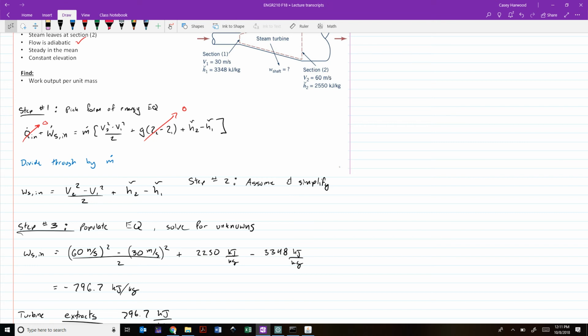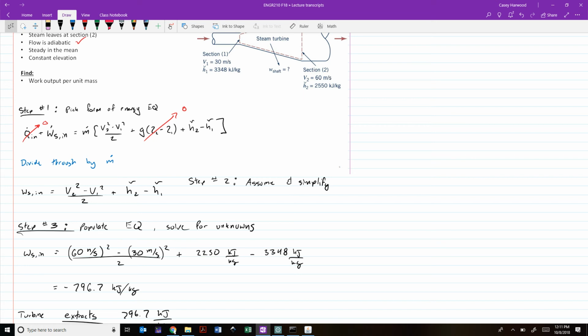We're dealing with clearly flows at very different temperatures with very different densities going in and out. That's the way that steam turbines work. But if we knew the temperature and the pressure, we could use the steam tables to look up that enthalpy number at the inlet and that enthalpy number at the outlet.